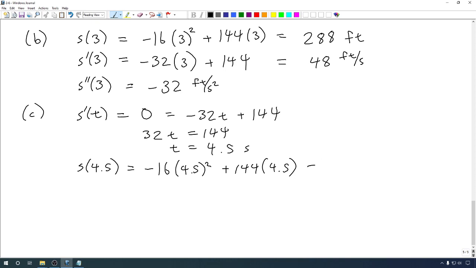Definitely want to think about using a calculator in this one. At least we're multiplying by things that have a lot of 2's in them, so the 0.5 will become an integer pretty quickly. But we get a nice round number of 324 feet. Again, feet because we're talking about distance in this problem. So it reaches a height of over 300 feet.